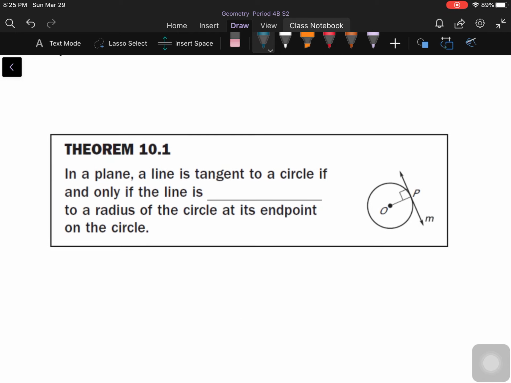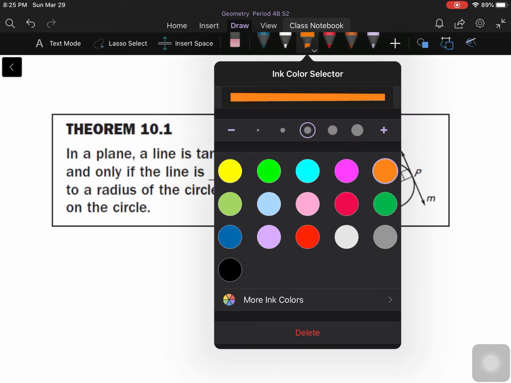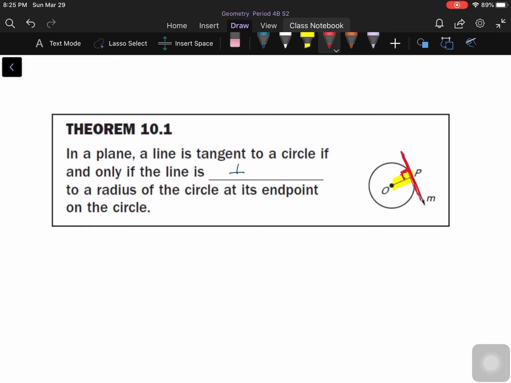It says in a plane, a line is tangent to a circle if and only if the line is perpendicular, is the word to fill in there, perpendicular to a radius of the circle at its endpoint on the circle. So if you draw in a radius, it's going to make a right angle right here with the tangent line.